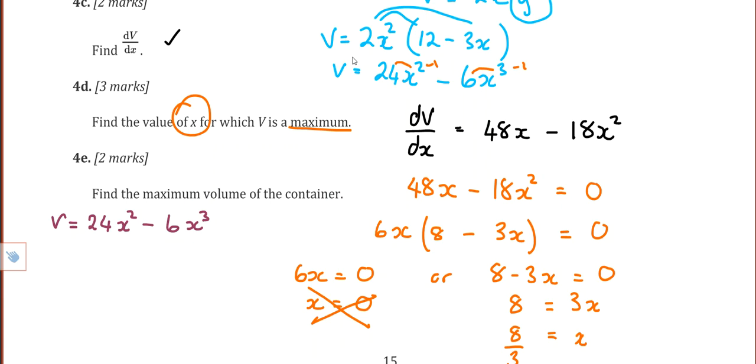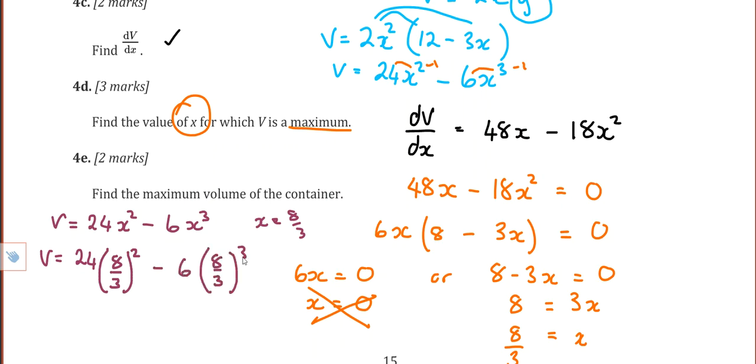You go back to the volume, and we use x is 8/3. So I've got to do v equals 24 times 8/3 squared minus 6 times 8/3 cubed. What's the easiest way of doing this, to figure out that value? What is v?